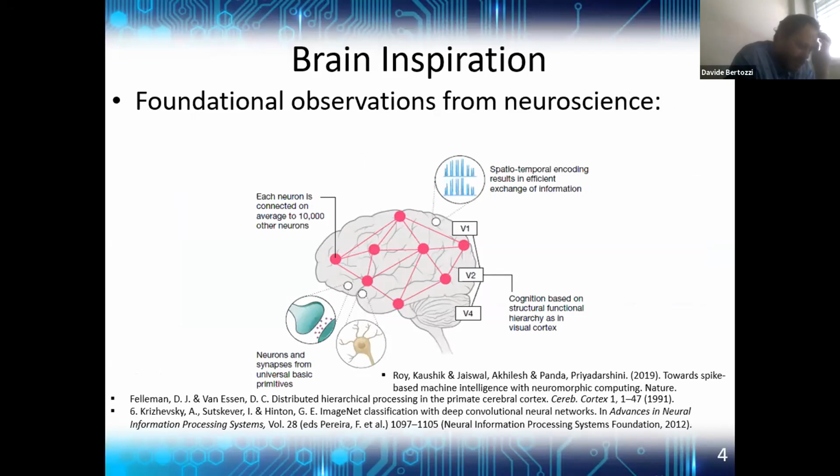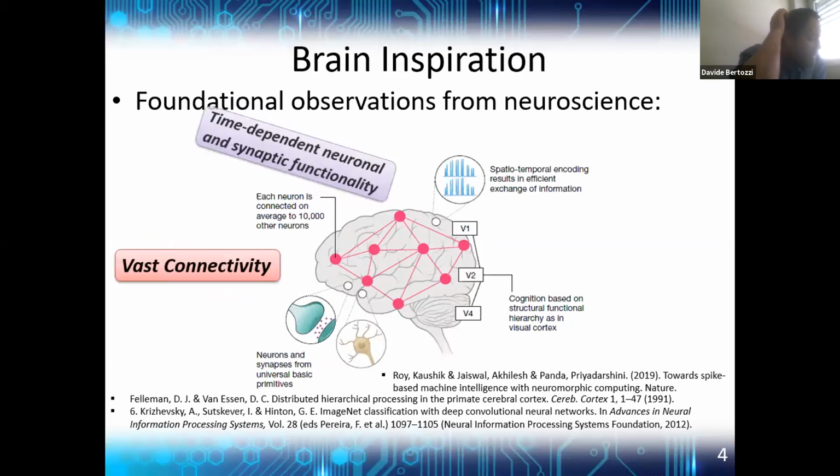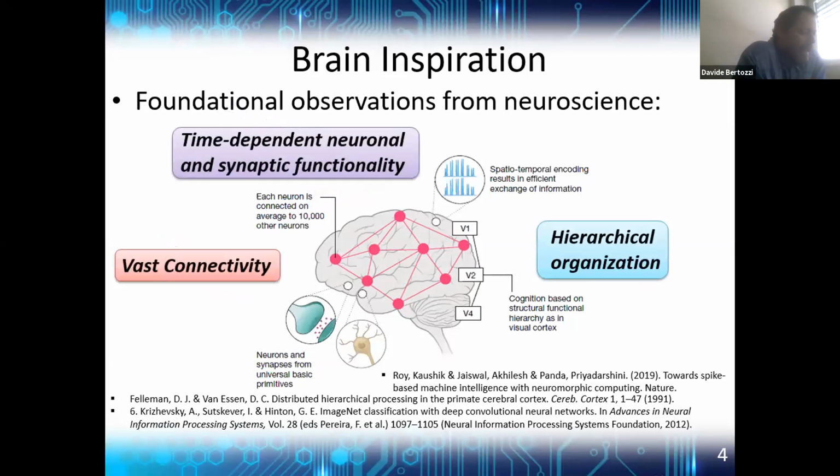Although the brain remains vastly unexplored, its remarkable capability may be attributed to three fundamental observations from neuroscience. They are vast connectivity, a hierarchical organization, which is both structural and functional, and time-dependent neuronal and synaptic functionality.